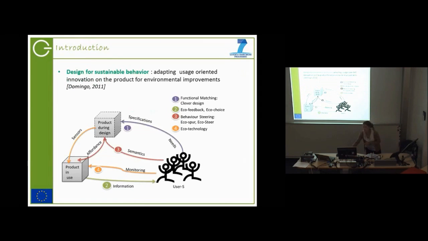During the last decades, the design for sustainable behavior research field has worked on adapting product design in order to modify the behavior of users and to improve the environmental performance in use of the product. This is a figure that has been made by Lucy and that classified different design for sustainable behavior strategies.